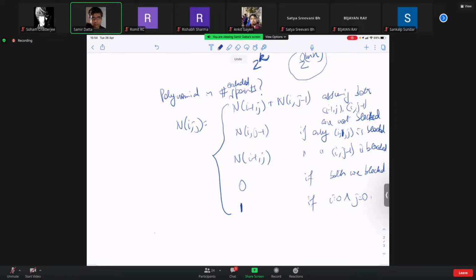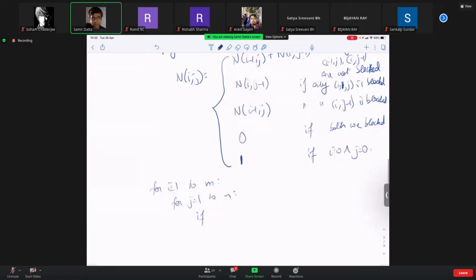So how would you do it? For i equal to 1 to n, for j equal to 1 to n, if blocked, firstly T(i,j) equal to minus 1, and what else?